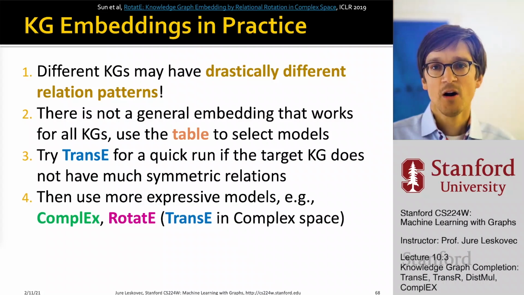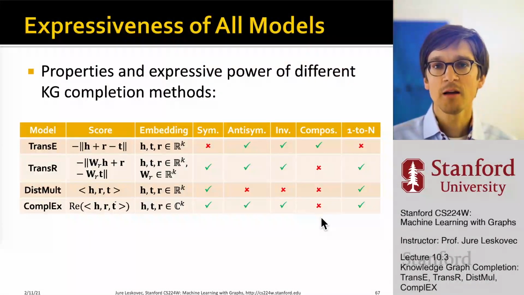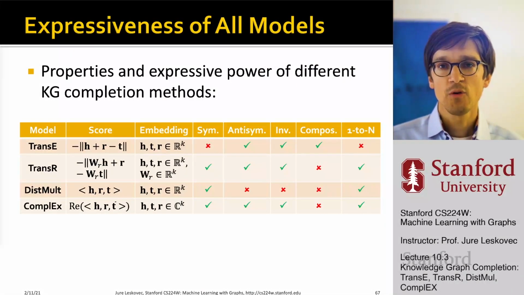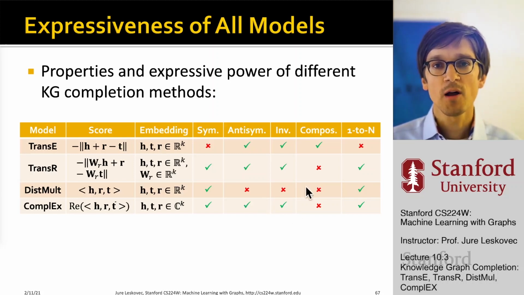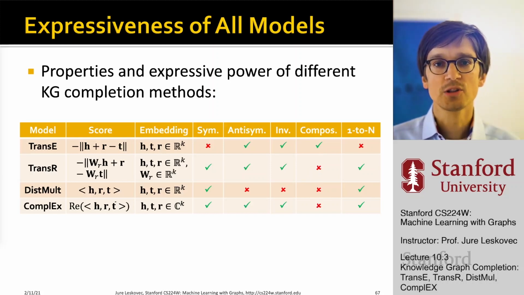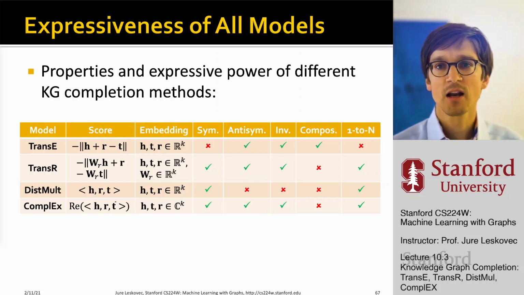It really depends on what kind of relationship types you are interested in modeling and predicting. If you want to model one-to-n relations, then don't use TransE. If you care about composite relations, then use, for example, TransE. If you care about antisymmetric relations, don't use DistMult, and so on. It really depends on the graph and what you want to do.